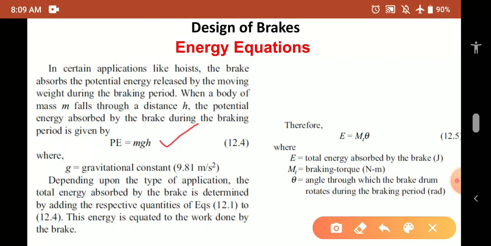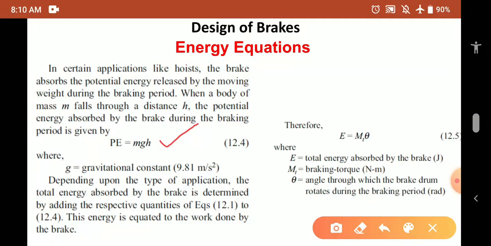Now the total energy absorbed by the brake depends upon the application. That means potential energy plus kinetic energy in some applications, while in some applications only kinetic energy is there. So the total energy absorbed by the braking system equals kinetic energy plus potential energy. The total absorbed energy of the braking system is nothing but the work done by the brake.